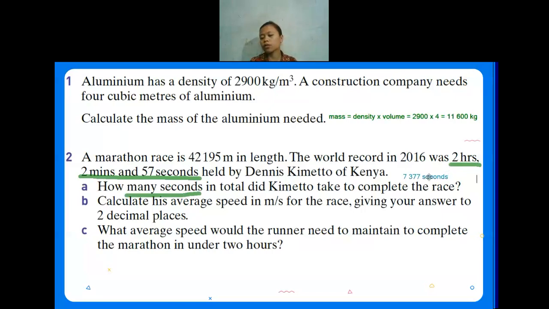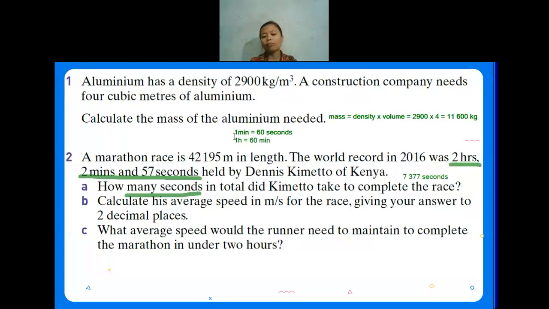Is there anyone who is confused about how to get this number? Yes, teacher. Okay, do you still remember, if 1 hour, how many seconds? No? Okay, I will go from 1 minute. 1 minute is how many seconds? 60 seconds. If you know 1 minute is 60 seconds, 1 hour is how many minutes? 1 hour is 60 minutes.